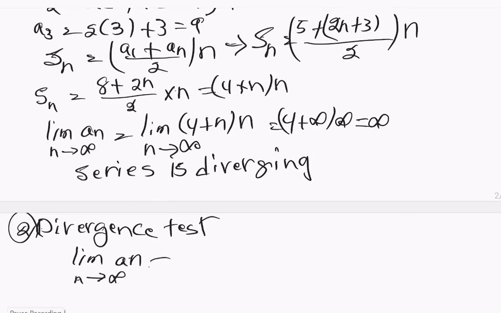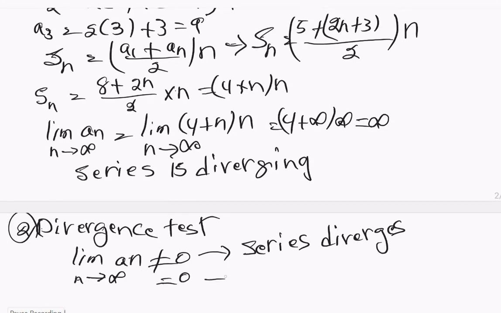If it's not equal to 0, then the series diverges. If equal to 0, it may or may not diverge, and we need to do more work on it.